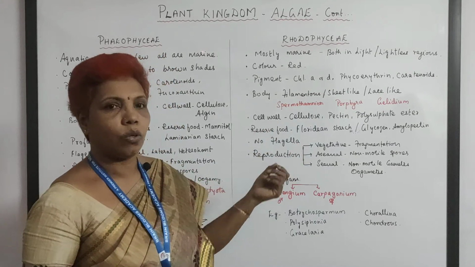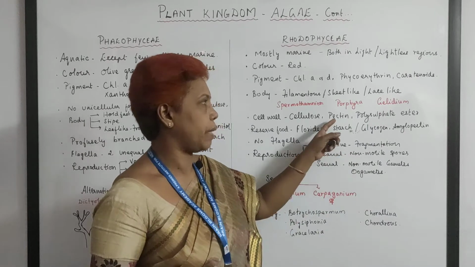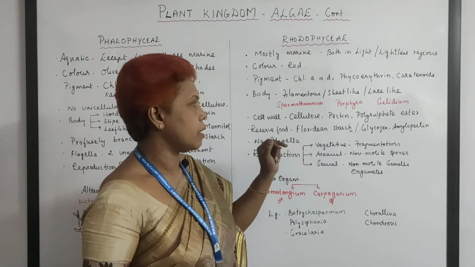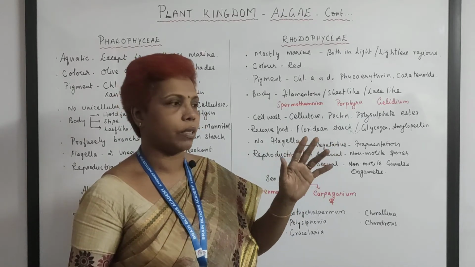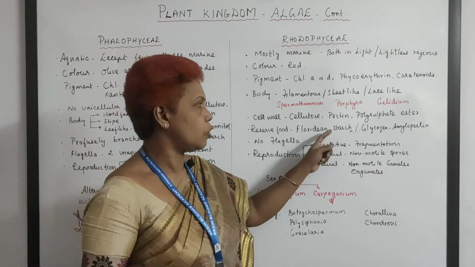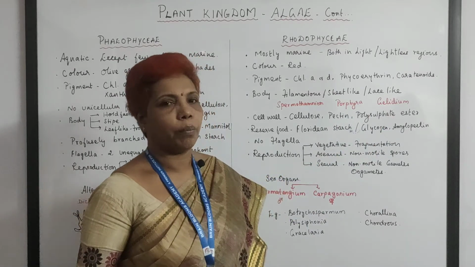Cell wall: cellulose, pectin and polysulfate ester. The pectin is very important here, it gives some hardness to the cell. Reserve food: Floridean starch. The reserve food varies between chlorophyce, phaeophyce and rhodophyce. This starch almost resembles glycogen and amylopectin.